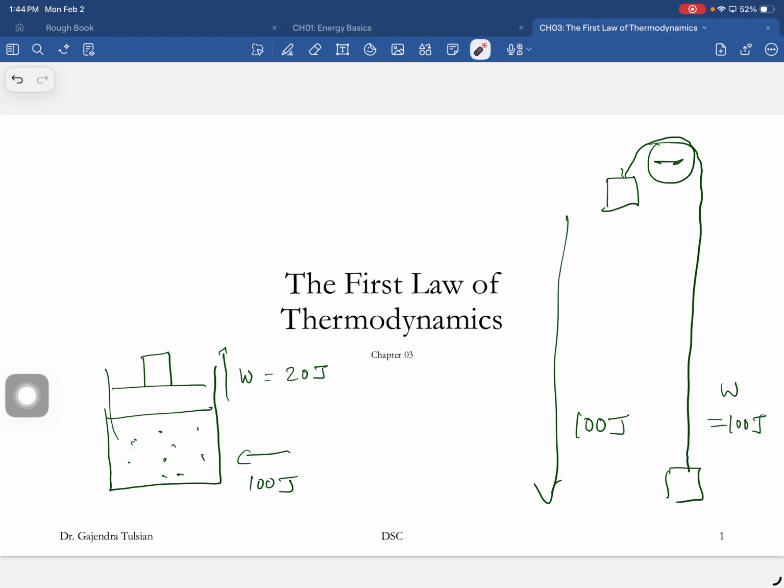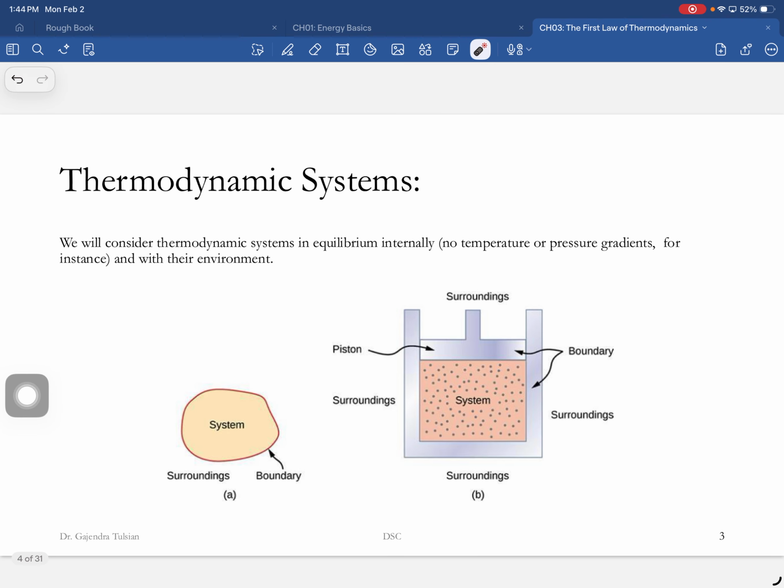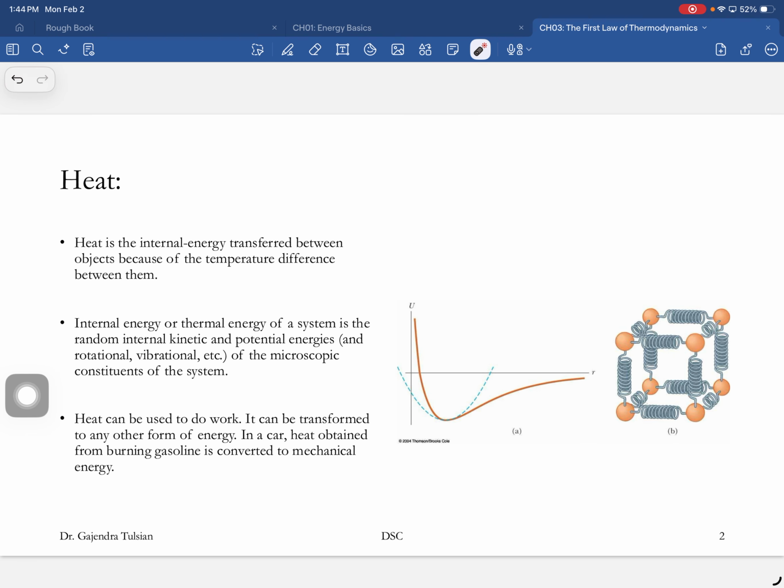We won't deal with it, but you will learn that you can define a chemical potential, and if there is a difference in chemical potential with the surroundings, then you can exchange particles. Reversible and irreversible processes. Let's say you have a system. This is a reversible process.